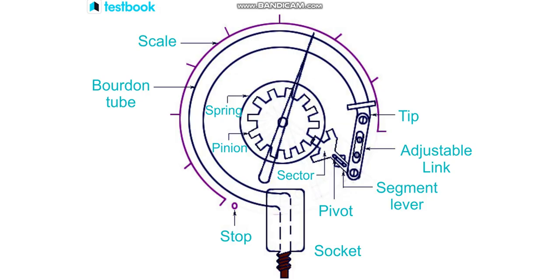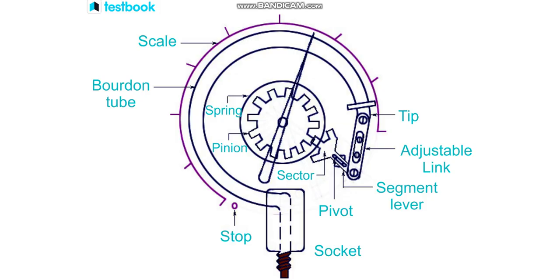At the free end, we get the displacement. That displacement is given to the mechanical linkage. Based on the displacement, the mechanical linkage will transfer it to the spring arrangement. The spring arrangement is used to amplify the small amount of displacement into a large amount of displacement.